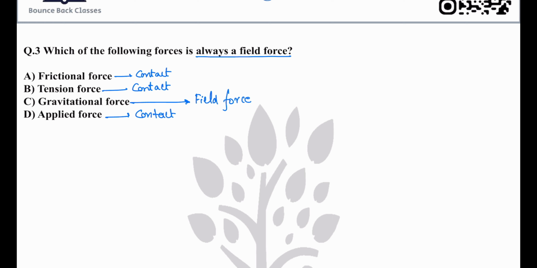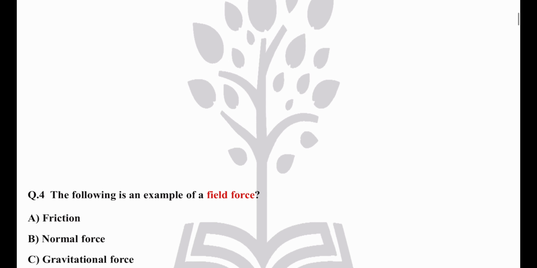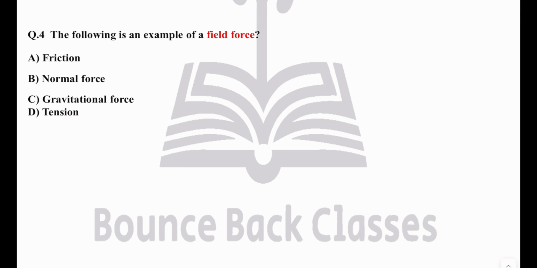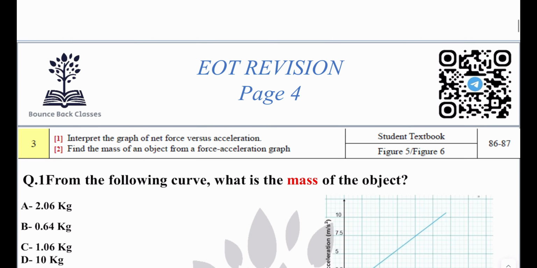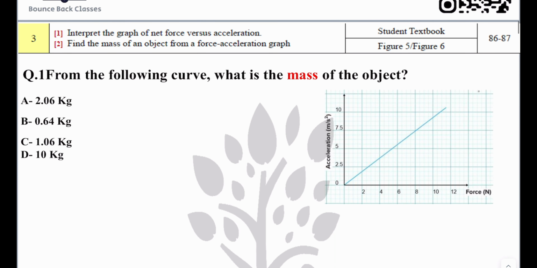Is it fine? Okay, so answer is C. Which of the following is an example of field force? Friction, no. Normal force, no. Tension, no. Gravitational force is your field force. Till here fine? Okay.